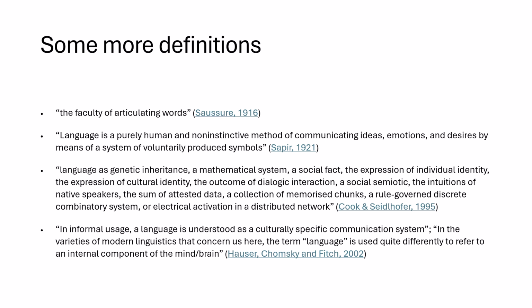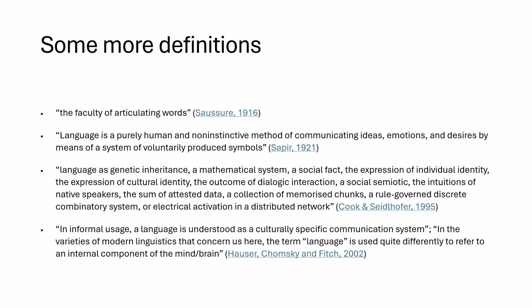Then you see this is a very expanded definition: the outcome of dialogue, logic, interaction, a social semiotic, the intuitions of native speakers, the sum of attested data, a collection of memorized chunks, a rule-governed discrete combinatory system, or electrical activation in a distributed network. I mean, guys, this is very expanded.